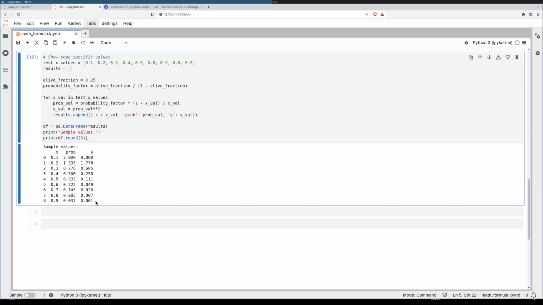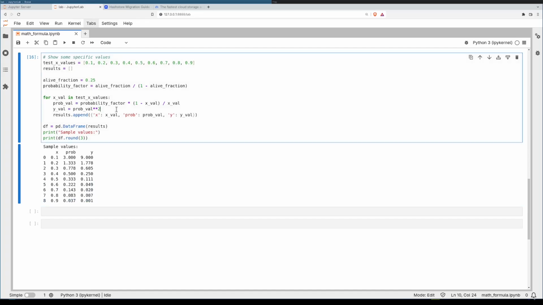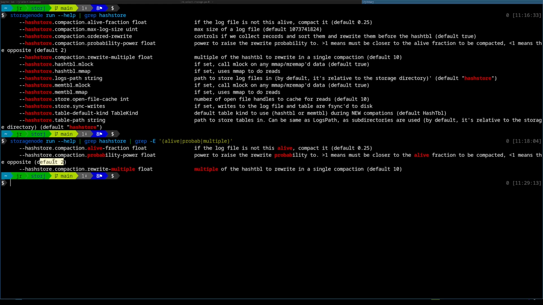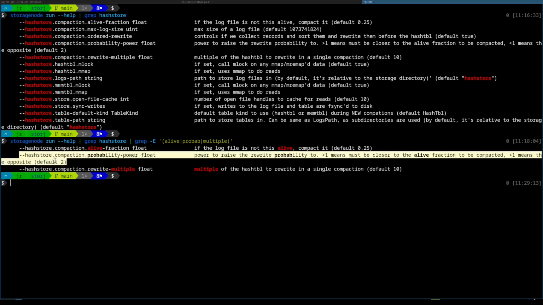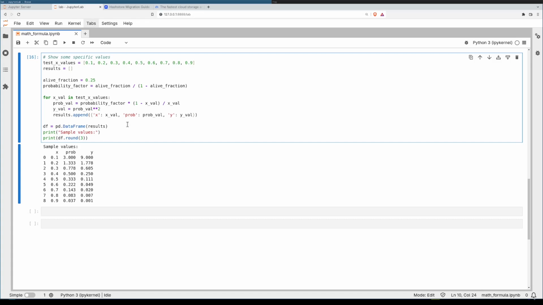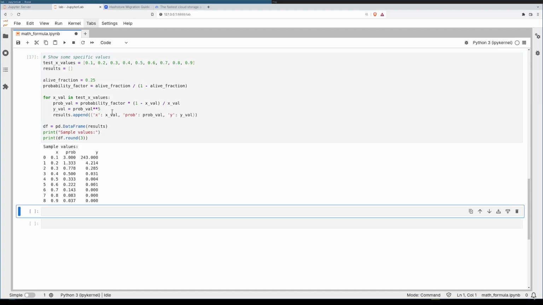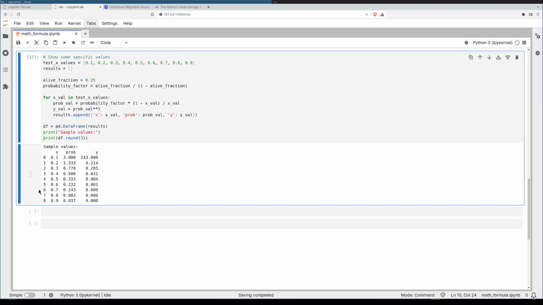So if we would like to decrease the chance that we process the less important part of the log files, then we should increase the probability factor, this one. So if the probability power is increased to 5, for example, you can see that there is 0 chance for these to be included, and a very low chance for these.